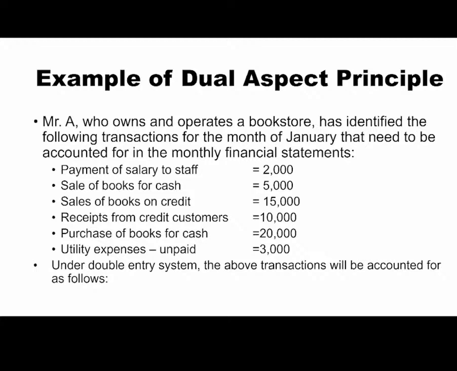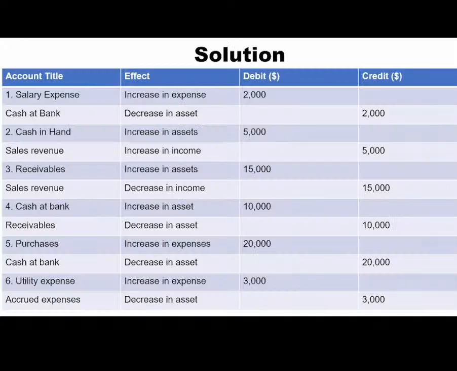Payment of salary to staff 2,000, sale of books for cash 5,000, sale of books on credit 15,000, receipts from credit customers 10,000, purchase of books for cash 20,000, utility expense unpaid 3,000. So under the double entry system, the above transactions will be accounted for as follows.